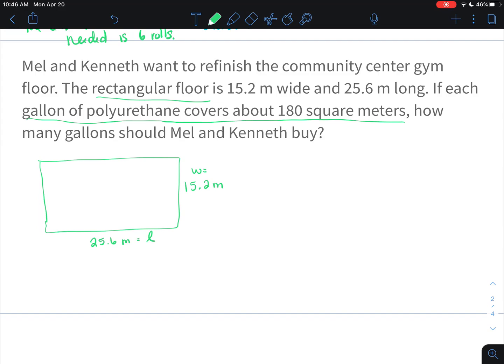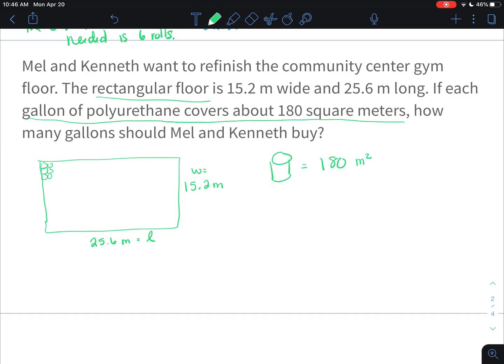Polyurethane is actually just kind of a clear paint that you put on things to protect them from the outside environment. So we know that 1 can of polyurethane covers 180 square meters. So if I have the gym floor here, 1 can is going to cover 180 square meters.